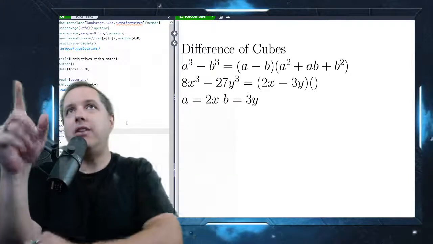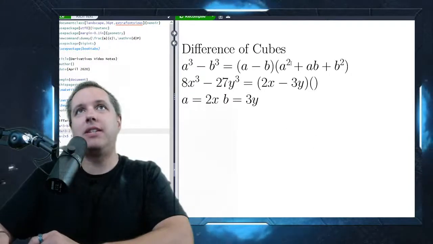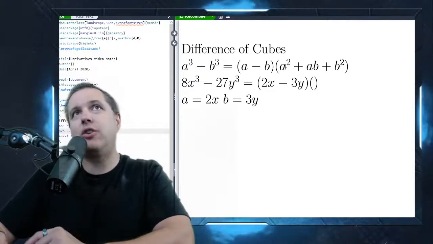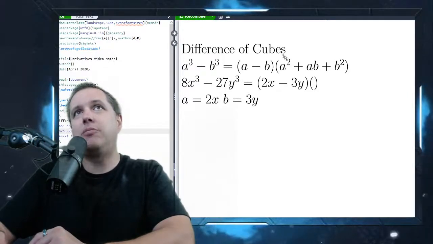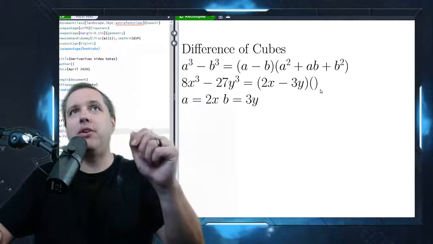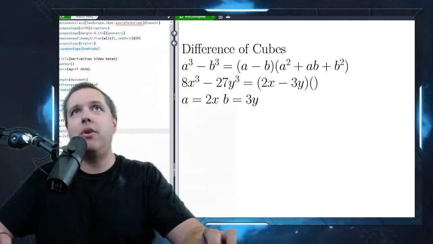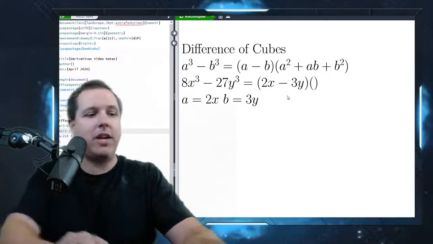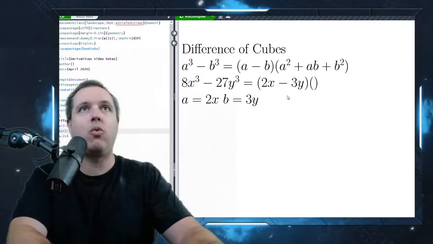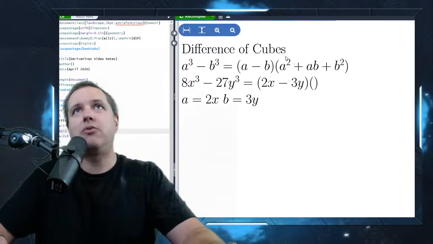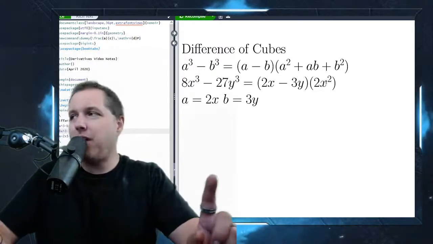Now right here, see where this a squared piece is? This is where most of the mistakes occur if you're going to make one in this problem. Here's what I see students do: they go, oh, a squared, my a is 2x, and they'll write that this is 2x squared. That's not right, is it?